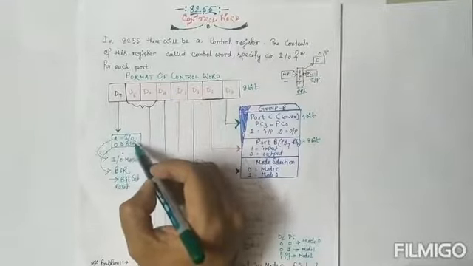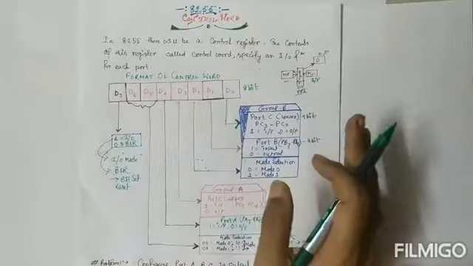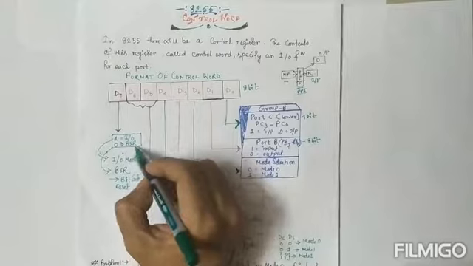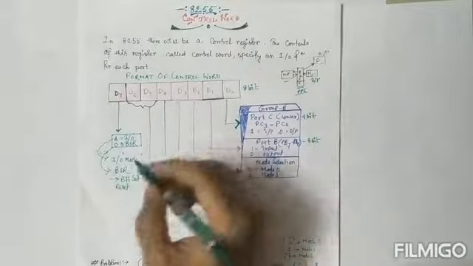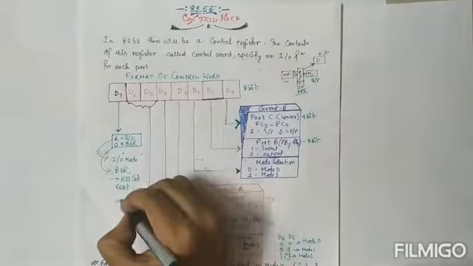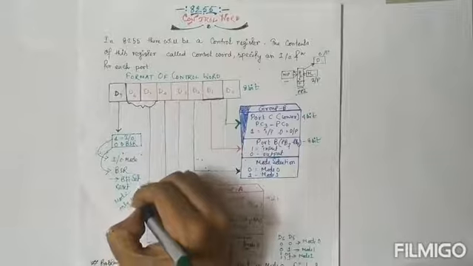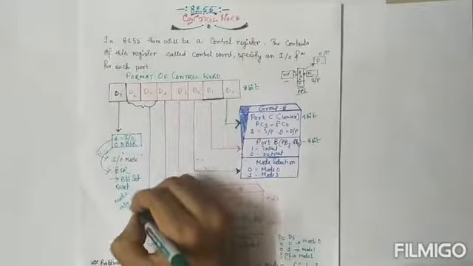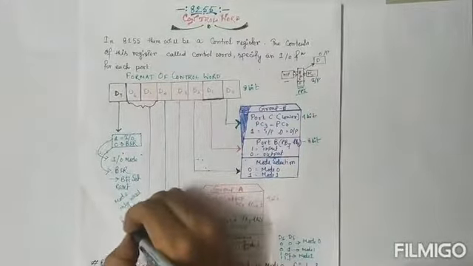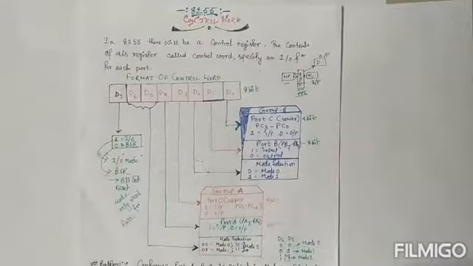The bit set reset control word is used only for port C.